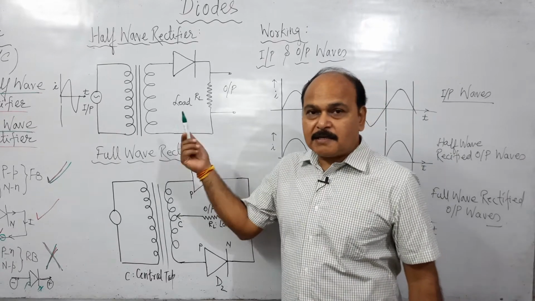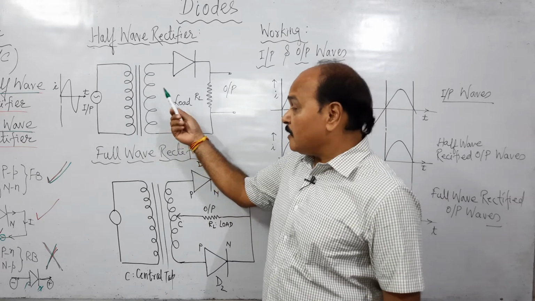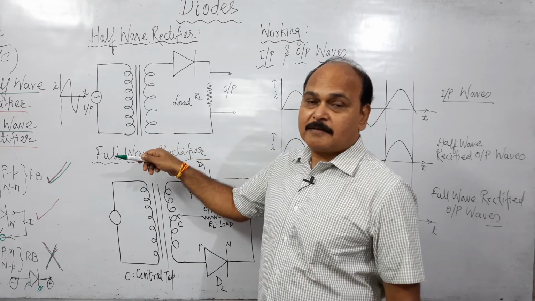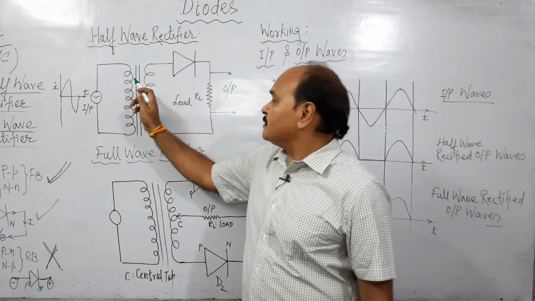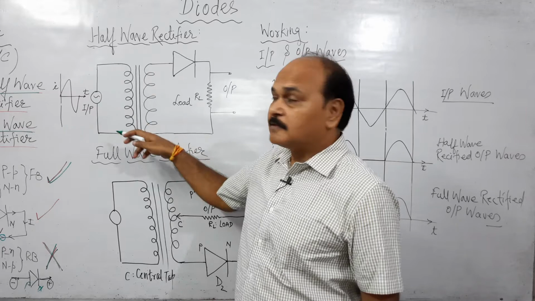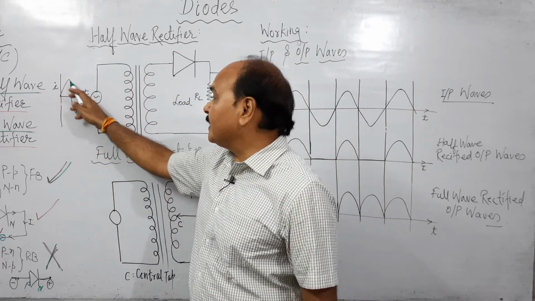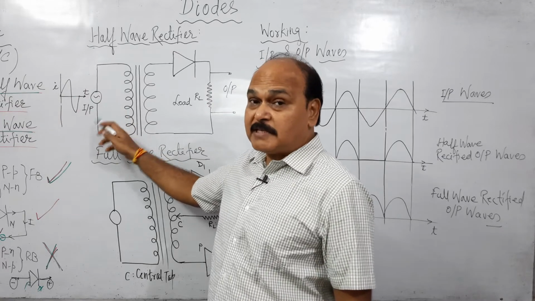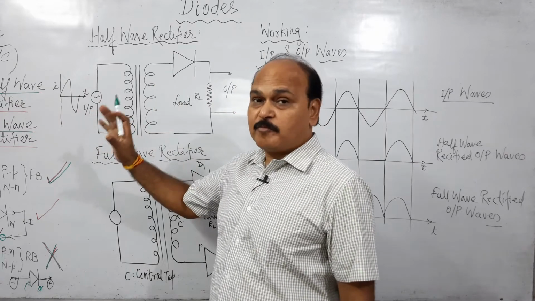Children, let us understand the circuit diagram of half wave rectifier and full wave rectifier. So what is the circuit diagram? See, this is transformer. This is nothing but the diagram of a transformer. And this transformer is connected with what? Alternating source. This is AC source. This is input. I/P simply means input.